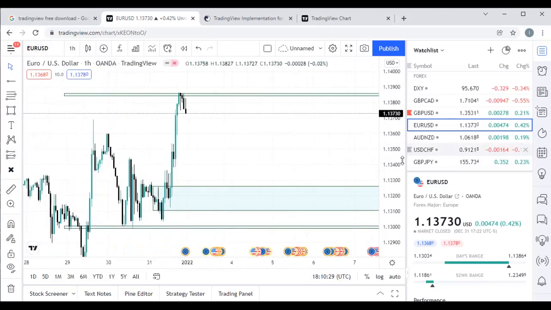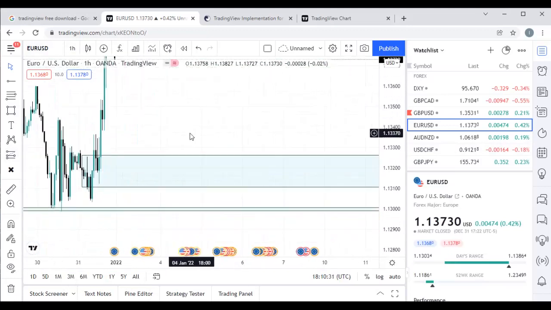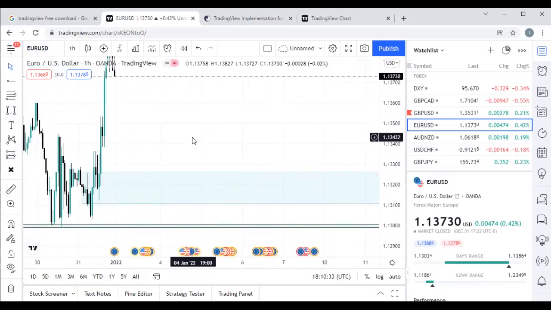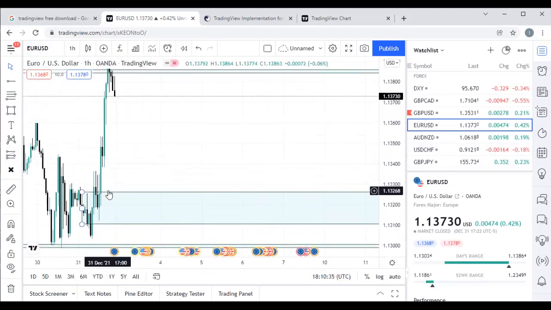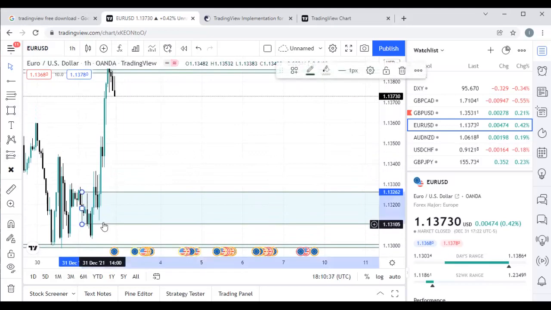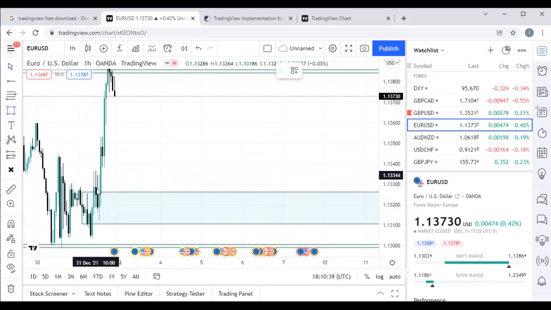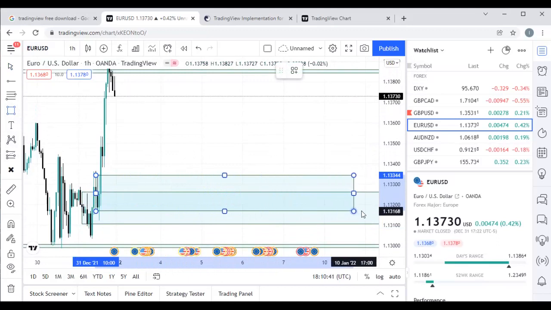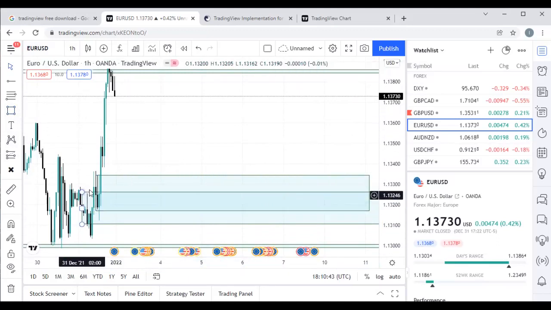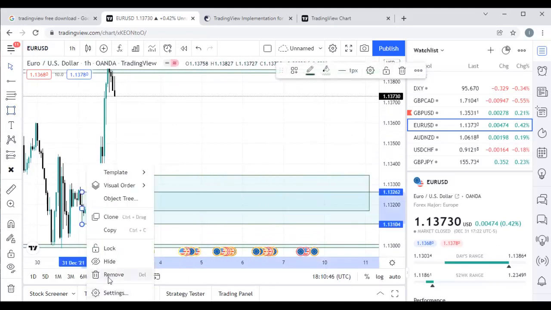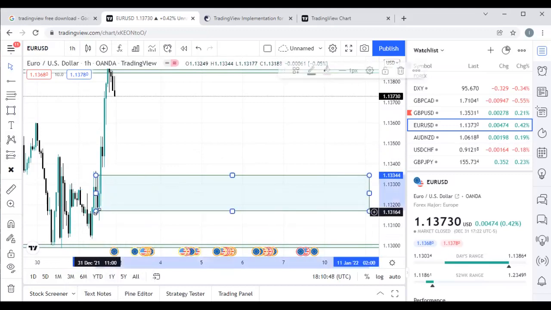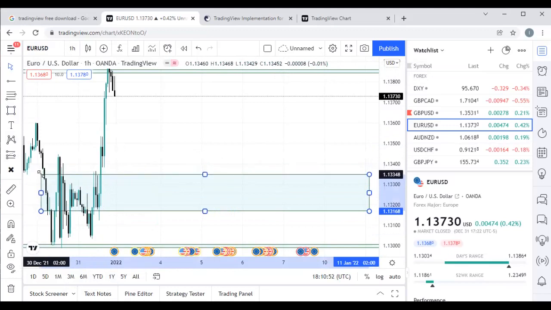So now let's go to our 1-hour. Going to our 1-hour, you can scale down to look for your clear demand zone, right? So all I will be looking out for on my 1-hour is this region here. This is where I'll be looking to buy the trade, right?